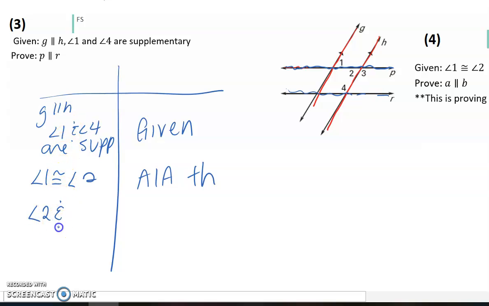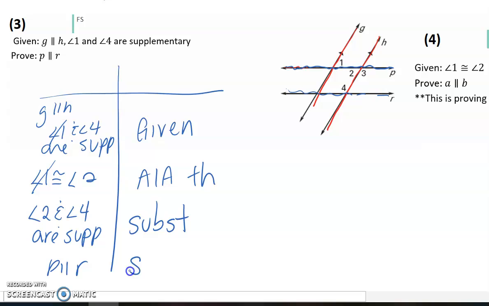Angle 2 and angle 4 are supplementary by substitution, by simply taking 1 and crossing it out and putting in a 2. And if 2 and 4 are supplementary, that's enough to tell me P is parallel to Q by the same side interior angles converse. And the converse says that if they are supplementary, then the lines must be parallel.